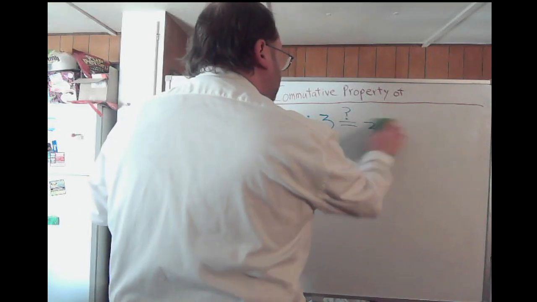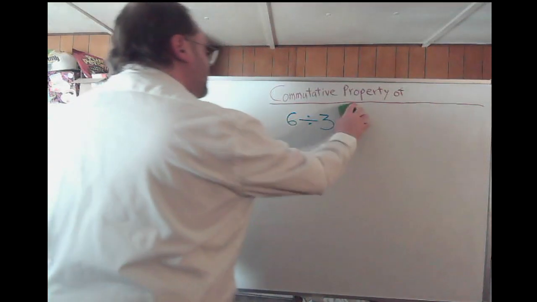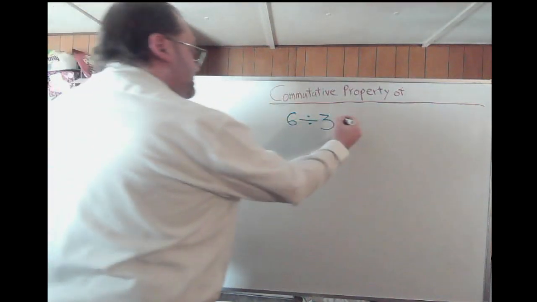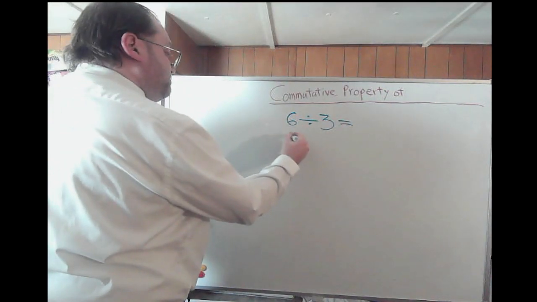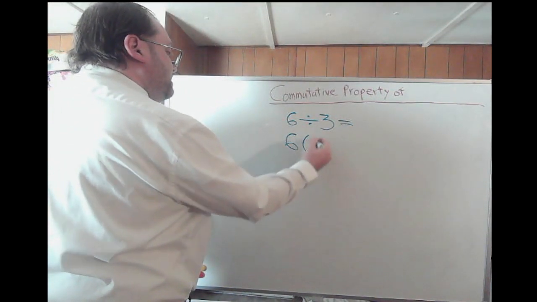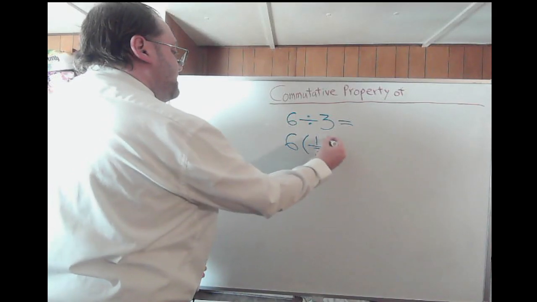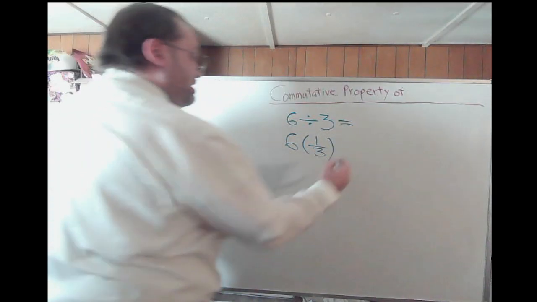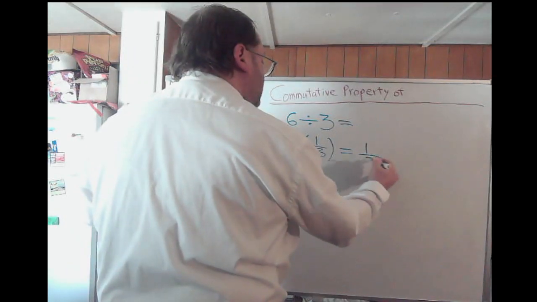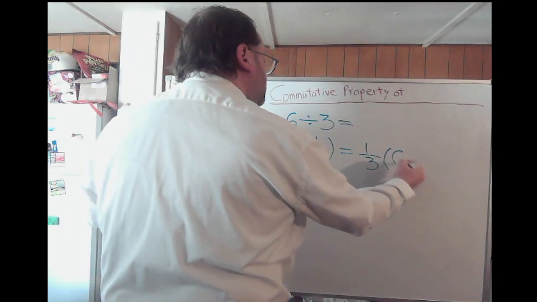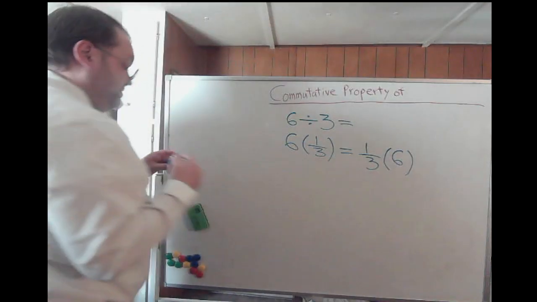The closest thing you could ever come to doing that is if you have that 6 divided by 3. We remember when you divide, you multiply by the reciprocal. So you'd have 6 times 1/3 if you're dividing by 3. You could now rearrange it to have 1/3 times 6. You would get the same result that way.